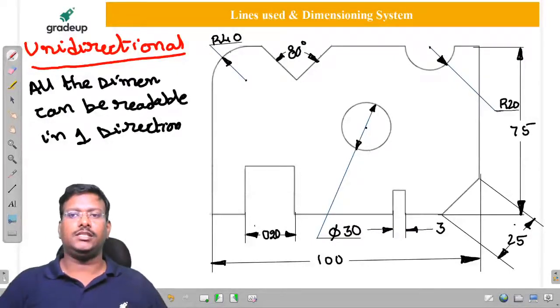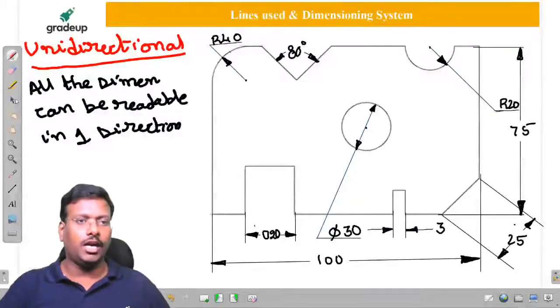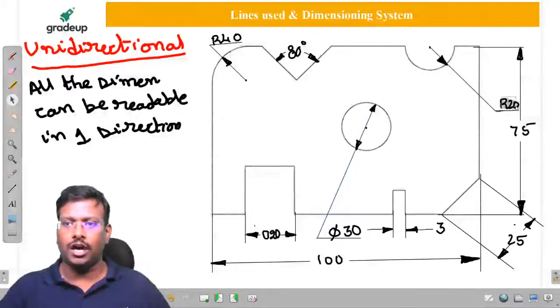Similarly, I hope you got the clarity for this. Now you can analyze how we have to represent R20. It should not be above, sir. It should be beside.